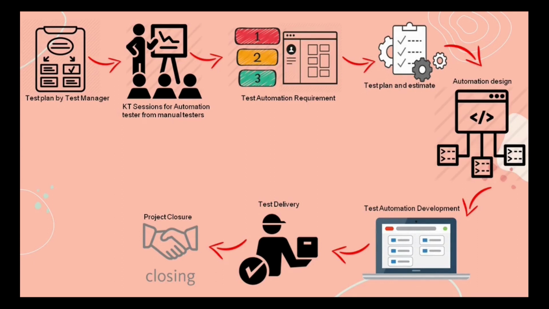Then we have the test plan and estimate, where we can make the automation test plan for the software, hardware requirements. Then we will select the framework which we need to work on. We will implement those frameworks. We will create test scripts, execute them, and prepare proper documentation and give it to the team. So this is the entire software testing life cycle. I hope you have understood everything.